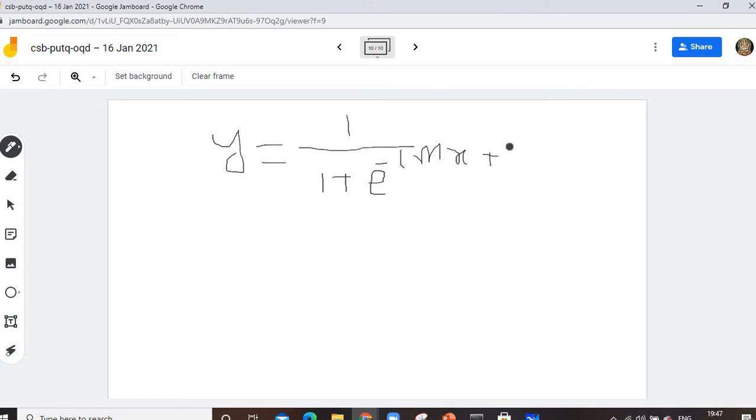So now my problem is, I want to get the best sigmoid function by initializing different m values and c values. So y depends on m and c completely. If my m value changes, this changes, and if my c value changes, this changes. So I want to see the best fit sigmoid function, that is, the best m and best c.